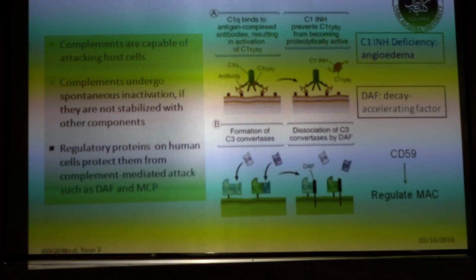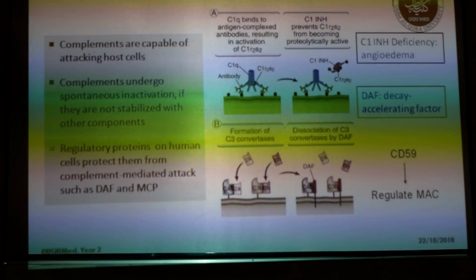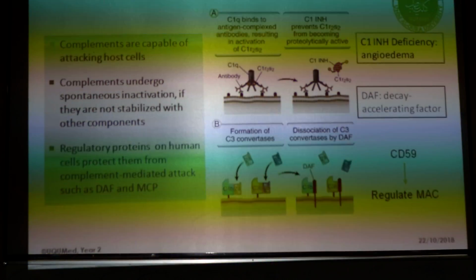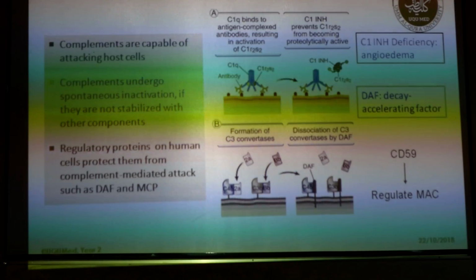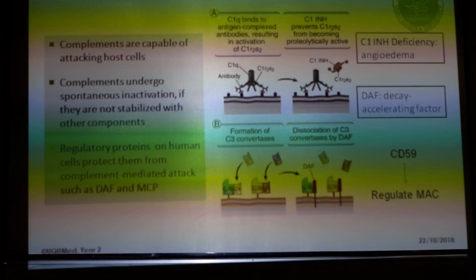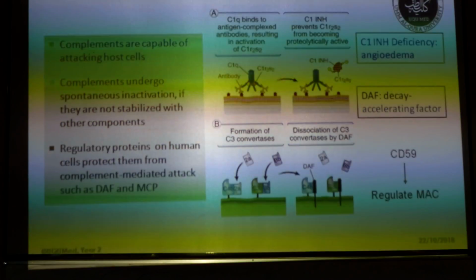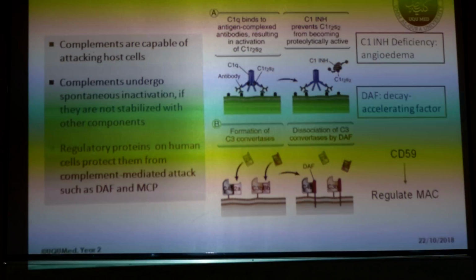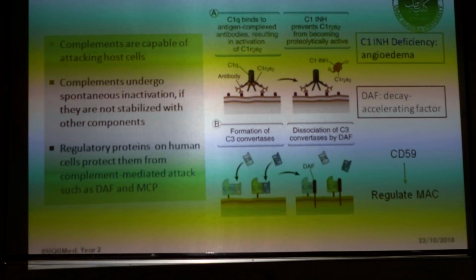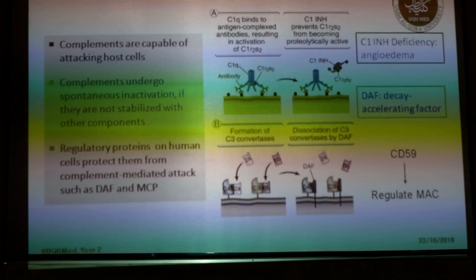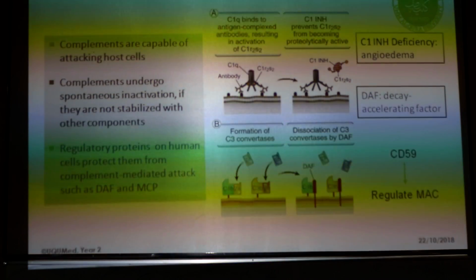Number two is, you saw that whether it is classical pathway or alternate pathway, there is a C3 convertase step. C3 convertase of classical has got which components? C4b and C2a. Here C3 convertase has which components? C3b and Bb. Decay accelerating factor is again going to remove these two components.